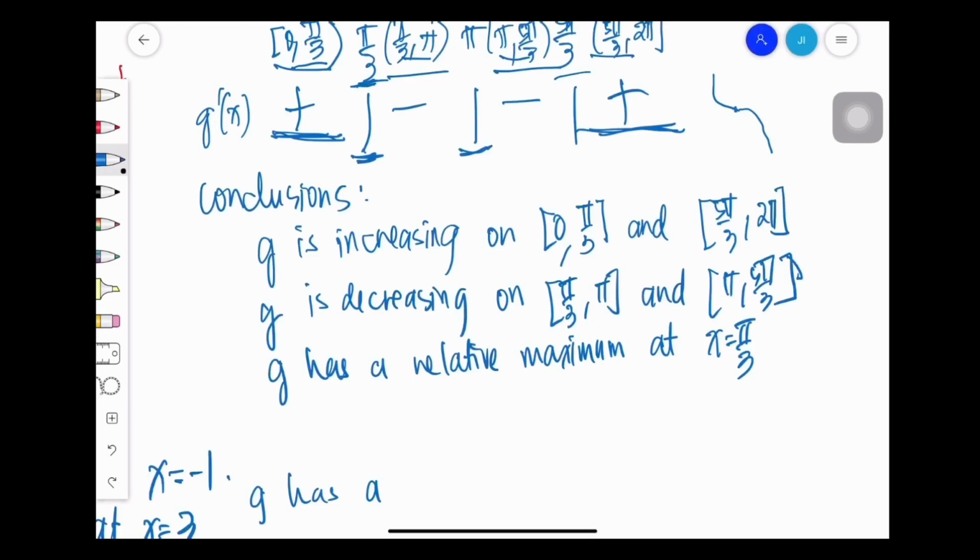So let's go to 5 pi over 3. Before 5 pi over 3, the function is decreasing, right? Then after 5 pi over 3, the function increases. Hence, there must be a relative minimum at x equals 5 pi over 3. Okay.